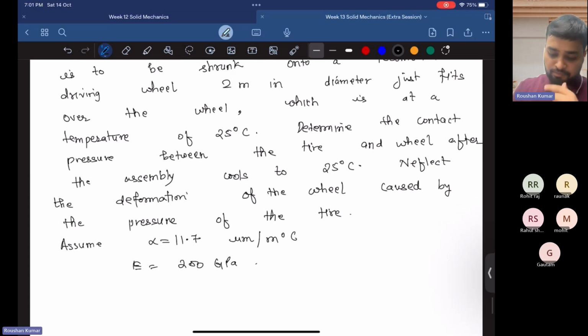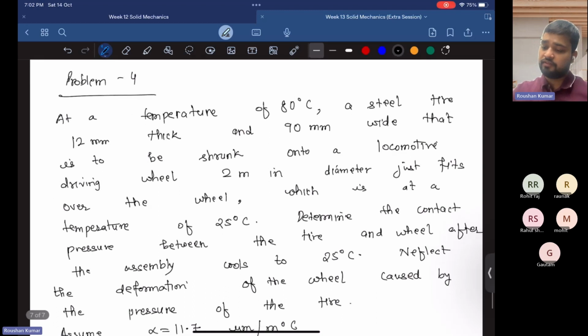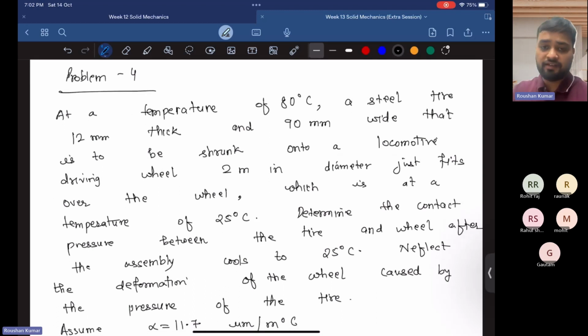I'm repeating the question. At a temperature of 80 degrees Celsius, a steel tire 12 mm thick and 90 mm wide that is to be strung onto a locomotive driving wheel 2 meter in diameter just fits over the wheel, which is at a temperature of 25 degrees Celsius.